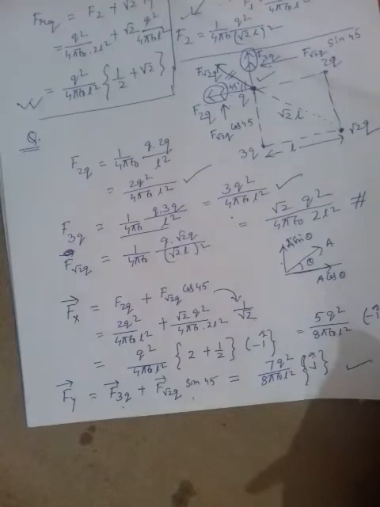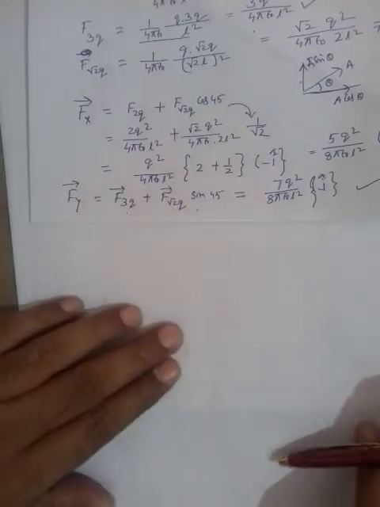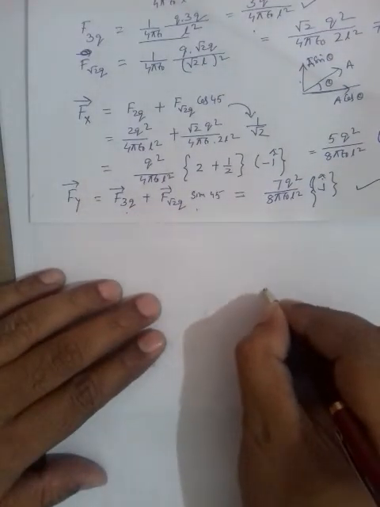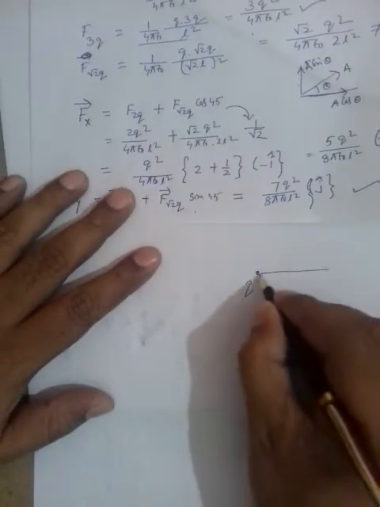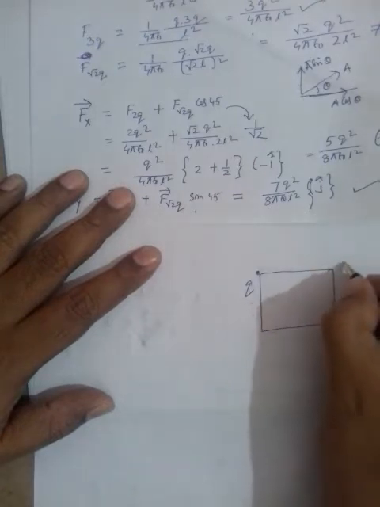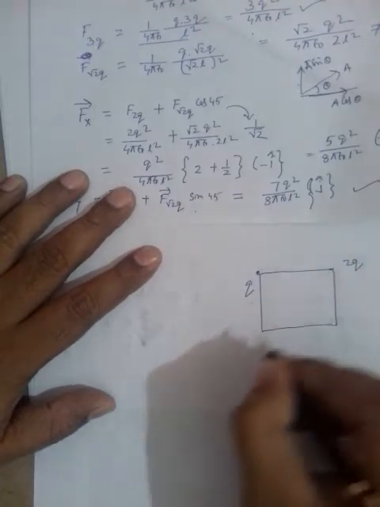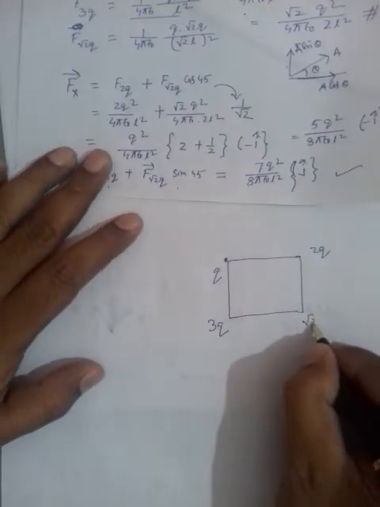Now with this we can find the total force. How? Just look at that. Now we are getting a situation, this charge q, meaning this one I am drawing, my original square is this, here it is twice q, here it is thrice q, here it is root 2q.